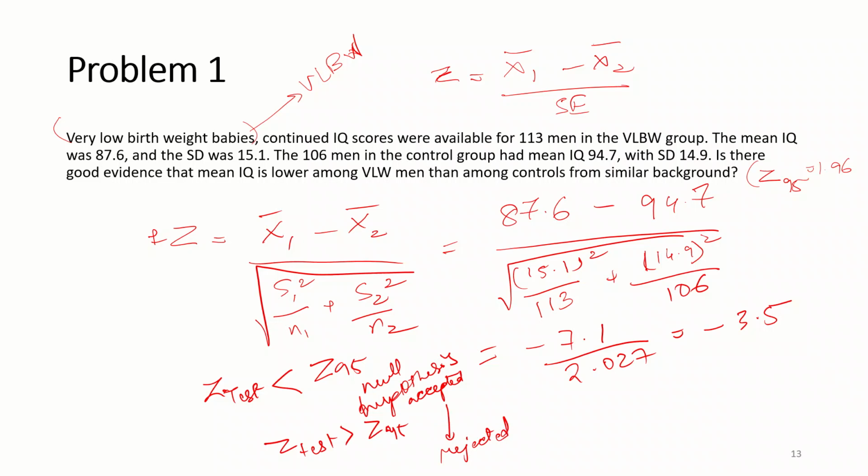Now the Z test value is 3.5. Is it less than or more than the table value 1.96? We know that it is more than 1.96. That's why we are rejecting the null hypothesis.